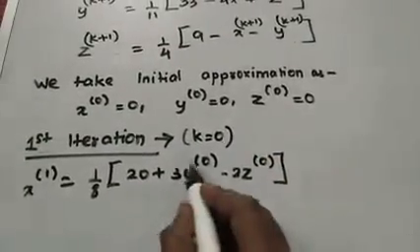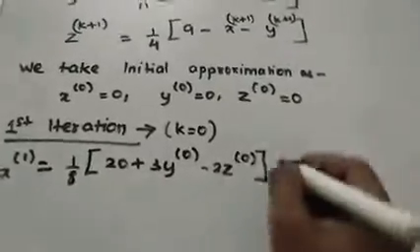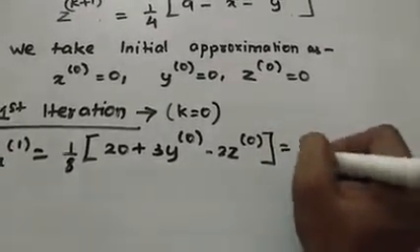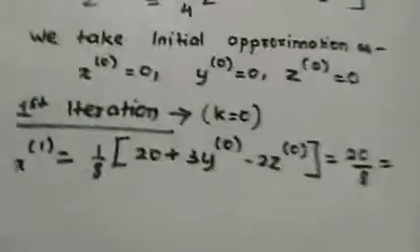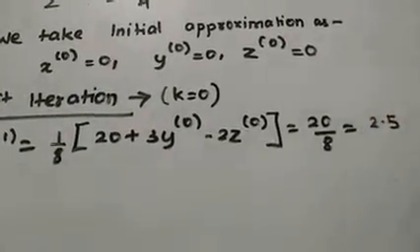Now what are the y0 and z0 values? 0 and 0. That means these two terms vanish. So what remains is 20 by 8. And what is the value of that? 2.5.